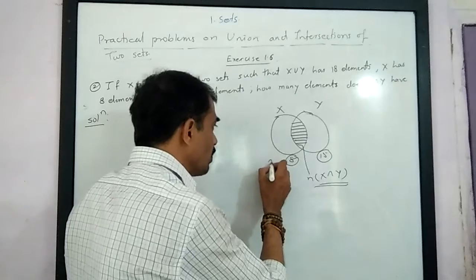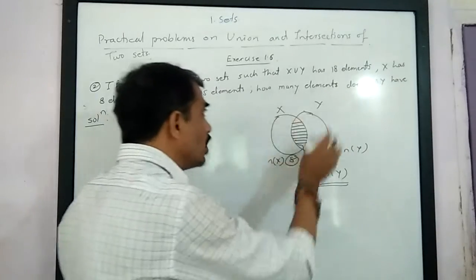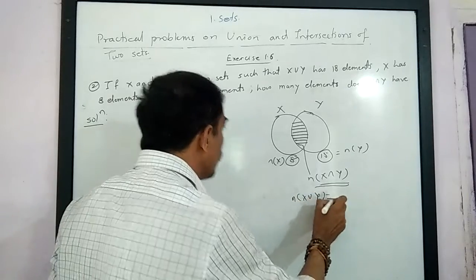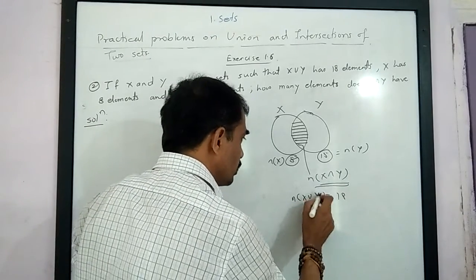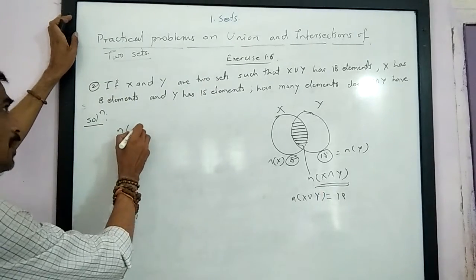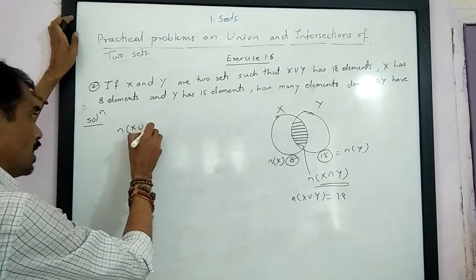Now this is given to us: the number of elements in x is 8, the number of elements in y is 15, and the total number of elements in x union y is equal to 18.